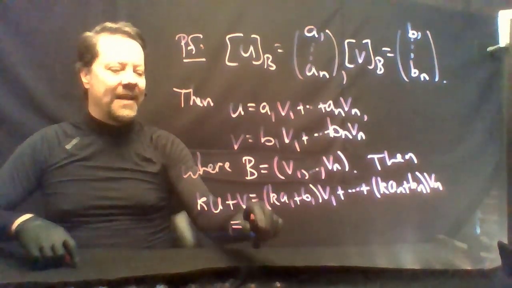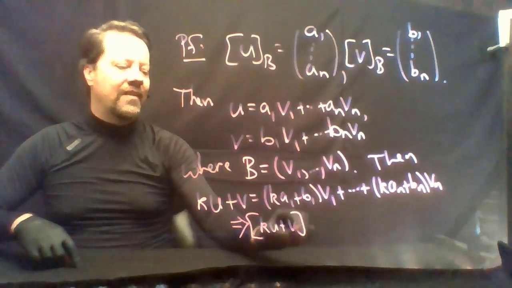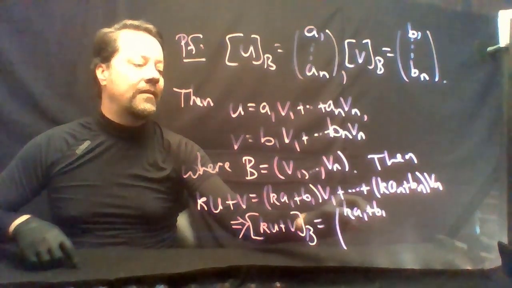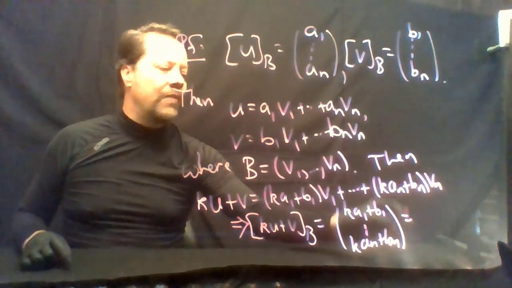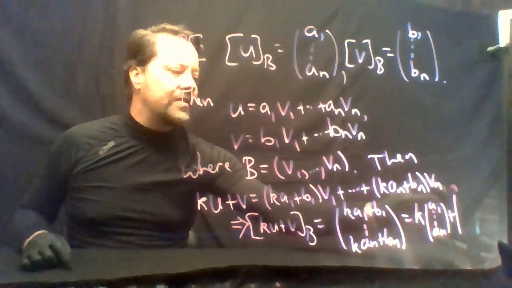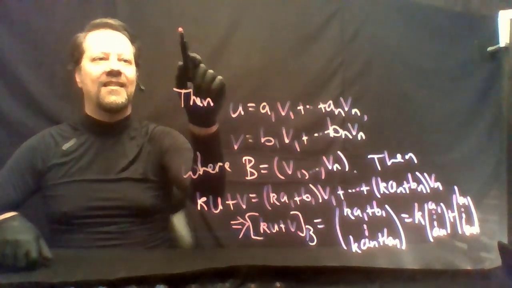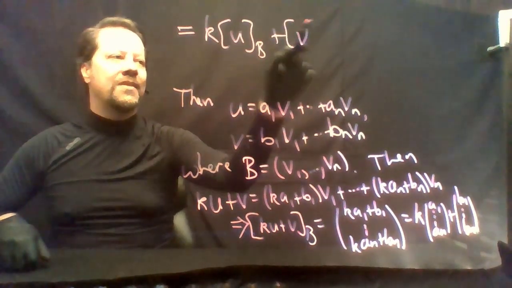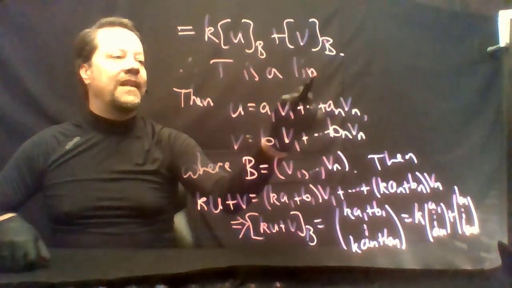And that means that the coordinates of Ku plus V relative to the basis are K A1 plus B1 through K An plus Bn, and we can rewrite that as K times the vector A1 through An plus the vector B1 through Bn. And it follows then that we get K times the coordinates of U in B plus the coordinates of V in B. Therefore, T is a linear transformation.